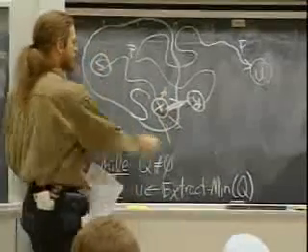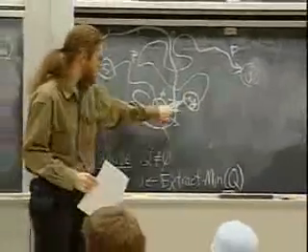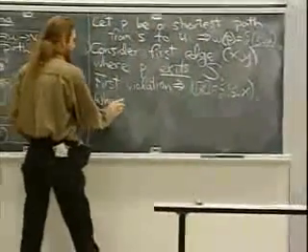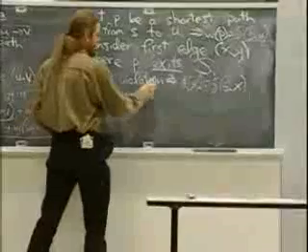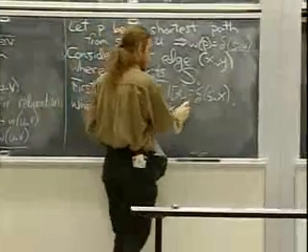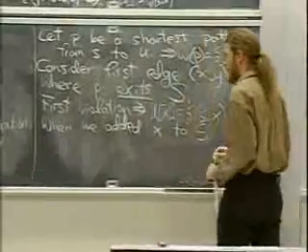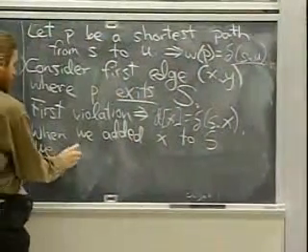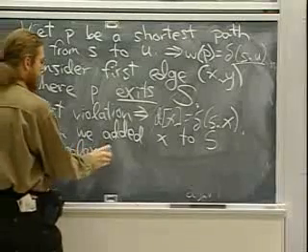Some of them went into S, some of them went out. Here's one of them. So when we added x to S, we relaxed the edge xy.